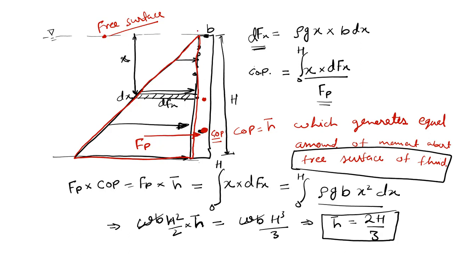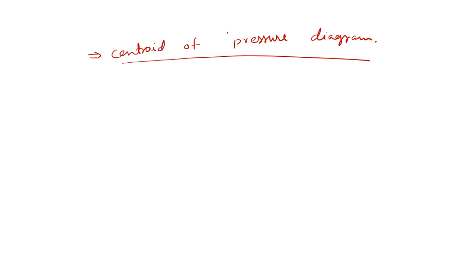From this point, what is the height? H. So the centroid is 2h upon 3, right? So now we have one more definition: it is the centroid of the pressure diagram.